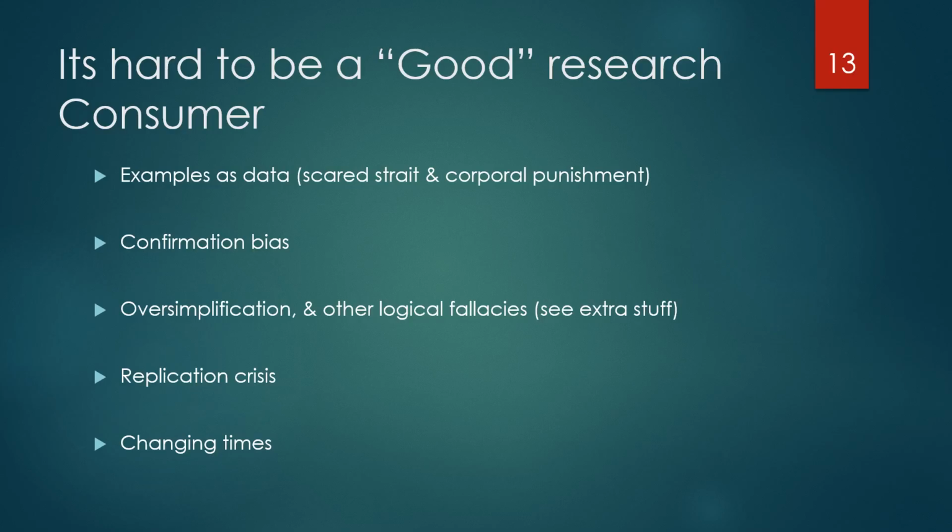Confirmation bias is the idea that people will seek out evidence that proves them right. So you've probably heard of people who believe that vaccines are bad for you. I promise that yes, there are some problems with vaccines, but on the whole, they are so much better for society than they are problematic.